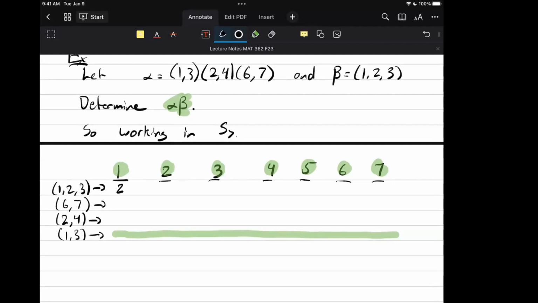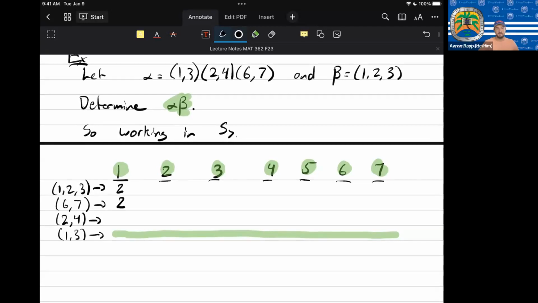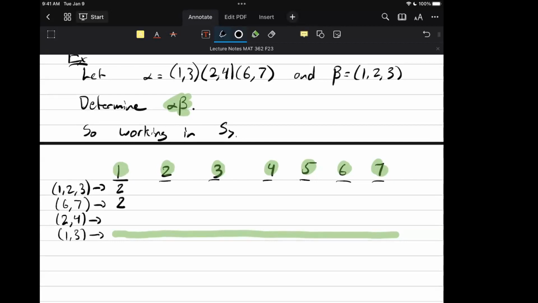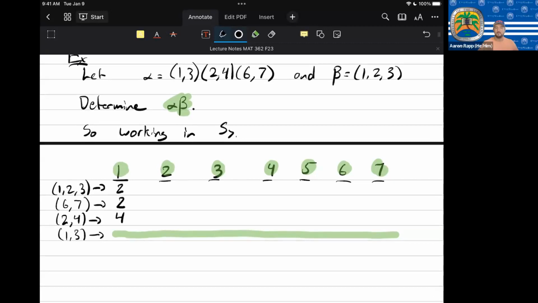I pass 2 through the cycle 2, 4, and it becomes 4. Yeah. I had 3 people answer that one that time. Awesome. And the last one, because I know 4 is not in the cycle 1, 3, it just gets returned. So I can already go ahead and start writing out what happens. Alpha beta: 1 gets sent to 4.